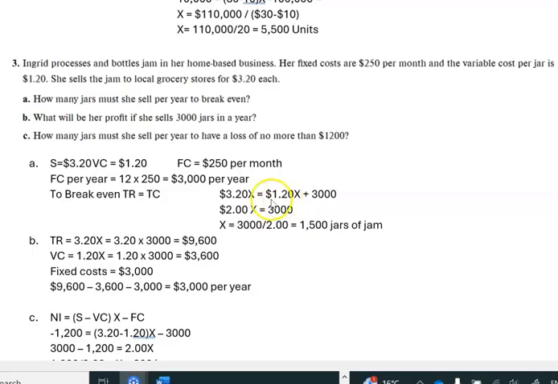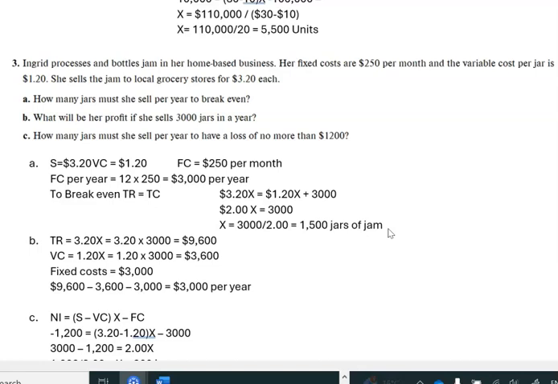So again, you move the 1.20 to the other side. That leaves us 2x equals 3,000. Then divide each side by the 2. X equals 3,000 divided by 2 equals 1,500 jars of jam.